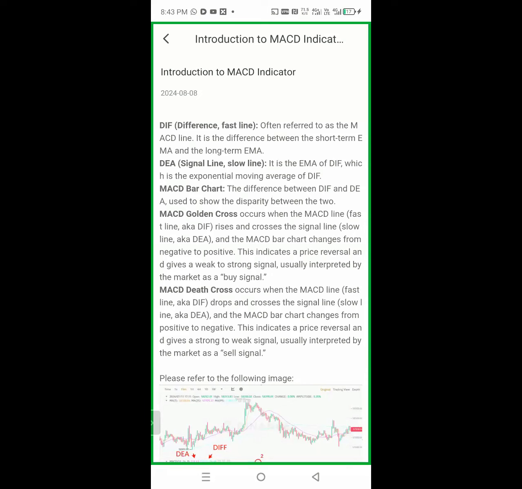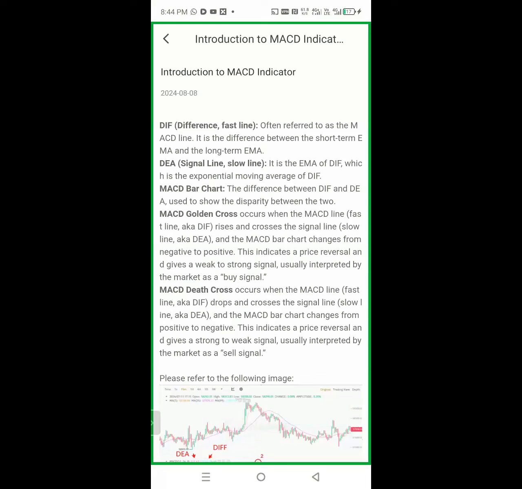So when you see a death cross happening at the top, which means greater than 0, that is on the positive side, you know it's a downward movement, so you are going to short the market.